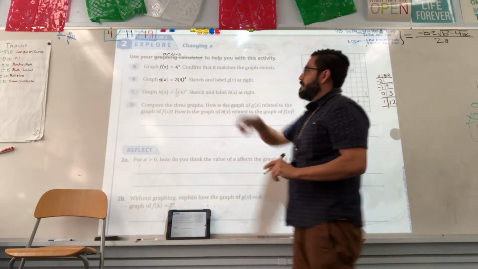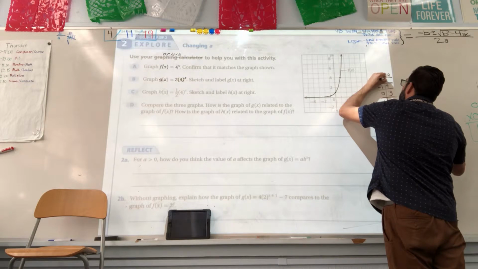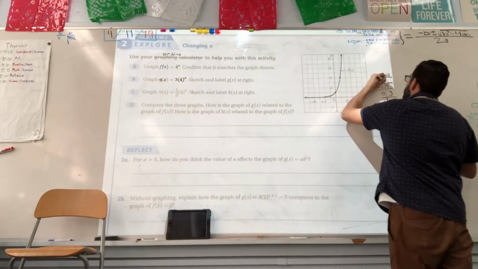Now the top's going to stay the same, and the bottom is 4 to the second power, 16, so 3/16.